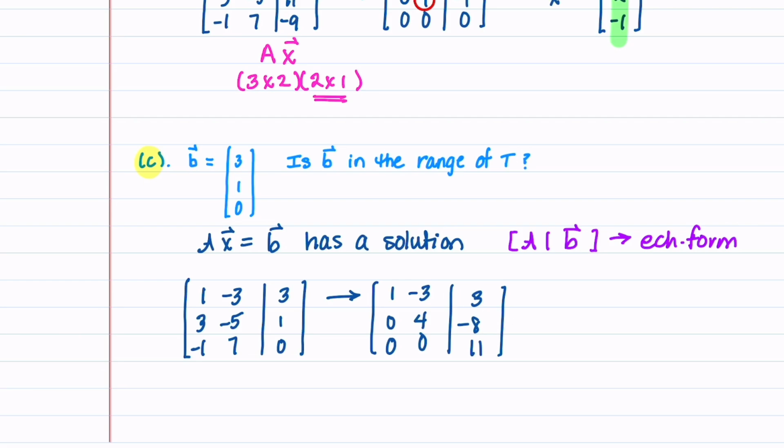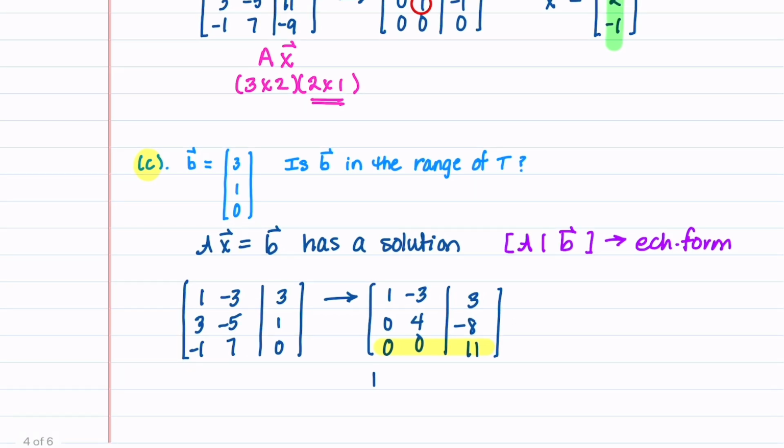Notice that in our echelon form, our matrix has a row of zeros equal to a non-zero number. We know that this means that there is no solution. This tells us that B is not in the range of T.